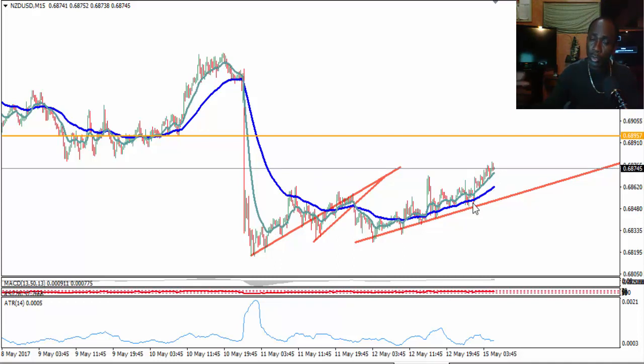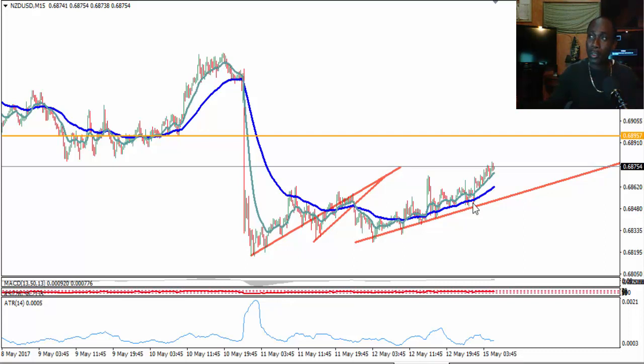Now you wouldn't want to be selling into that, because it's already done the average true range move. And if that happens early in the morning, for the rest of the day you wouldn't get anything more. So pay attention to the average true range, and that will help you along the way to keep more profit in your account.